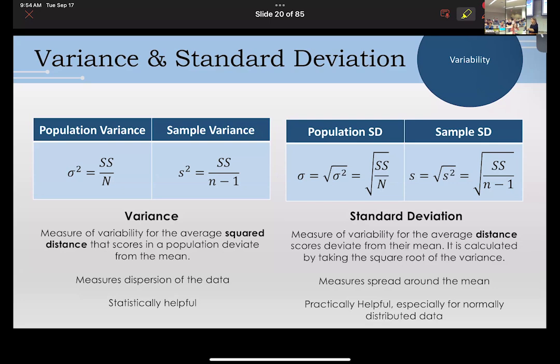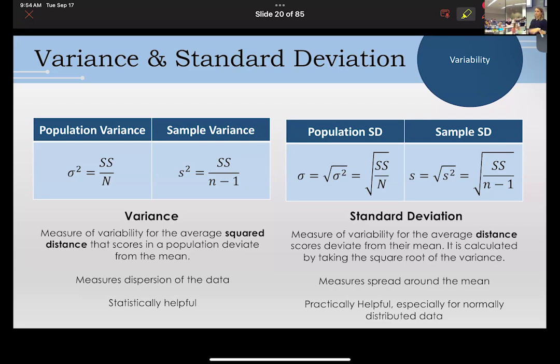It is not helpful to say to someone, the variance of my entire distribution is 4,327. I can't use variance to describe a single score and its position relative to the mean. I can use standard deviation to describe a single score and its position relative to the mean. Variance describes every score. Cool.